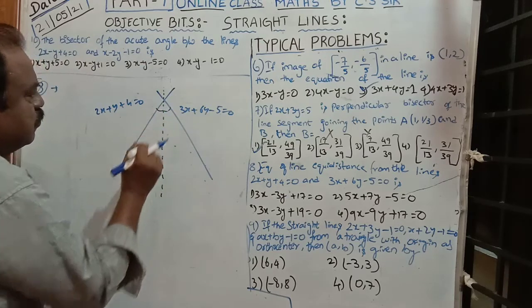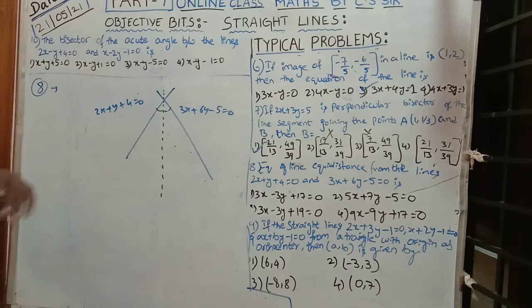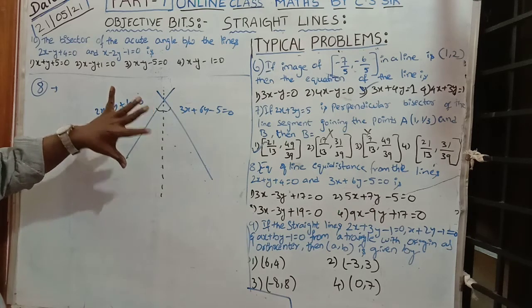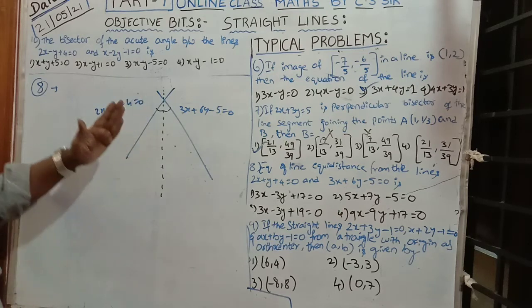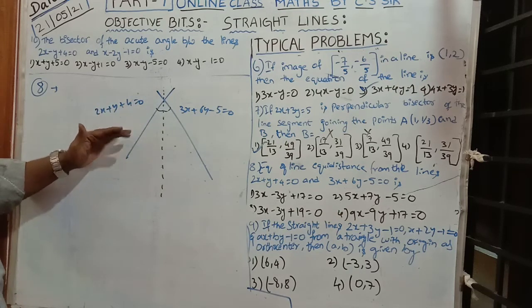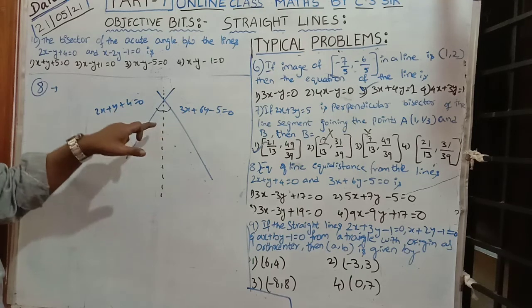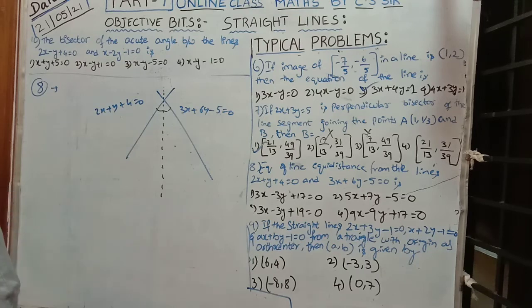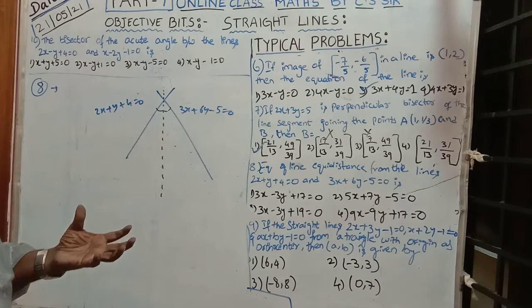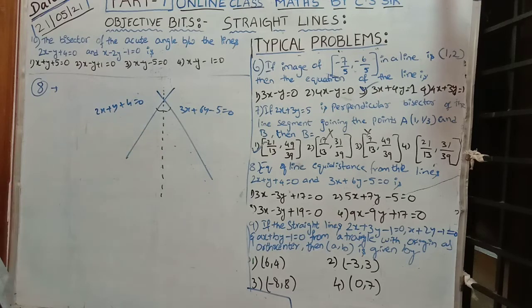It is the angle bisector. The internal angle bisector, the external angle bisector also is there. This line from this line, whatever the distance is, here it is the same distance. That is the meaning. Here the question gives that meaning: the required line is equidistant from the two lines.